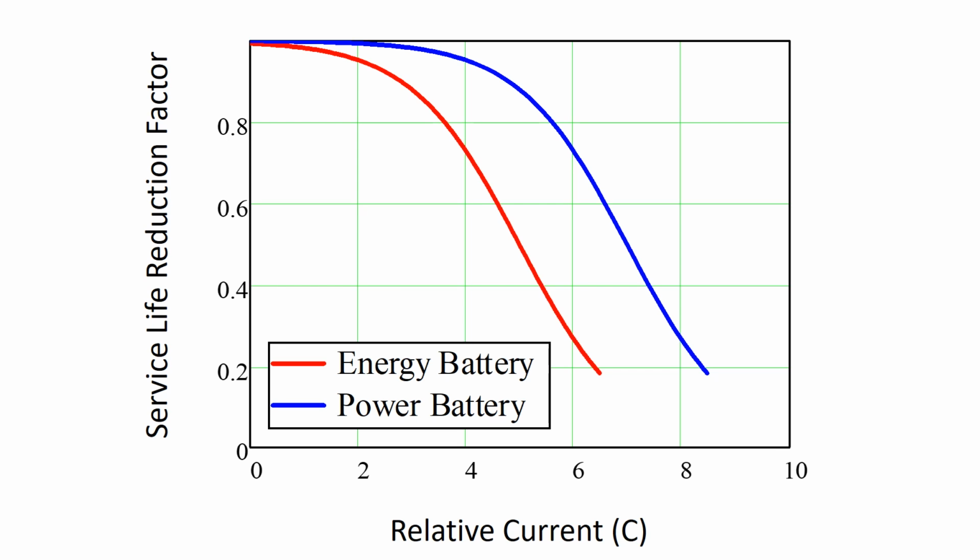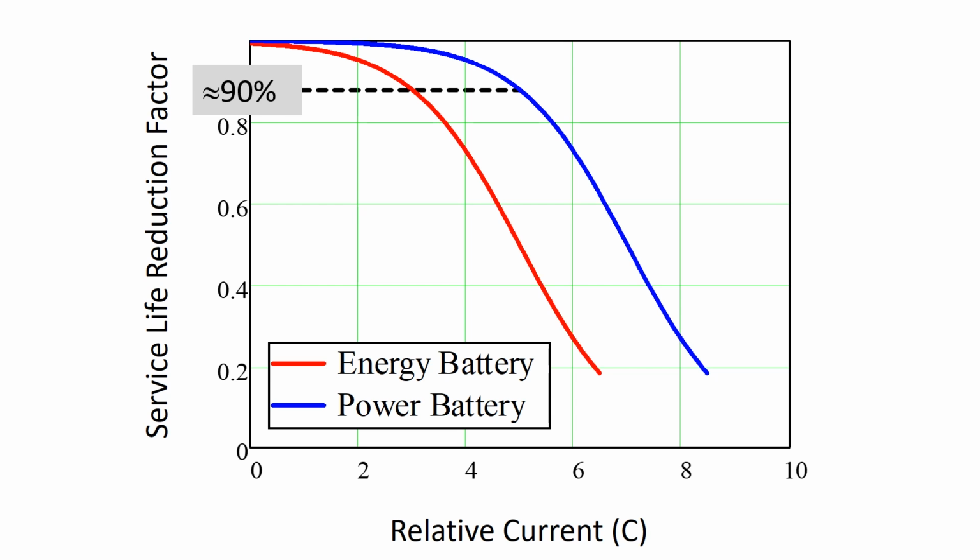This diagram is a very simplified way of presenting how the service life of a battery is reduced by high current. On the horizontal axis, we see the discharge current, expressed as C rate, and on the vertical axis, we see the service life reduction factor.